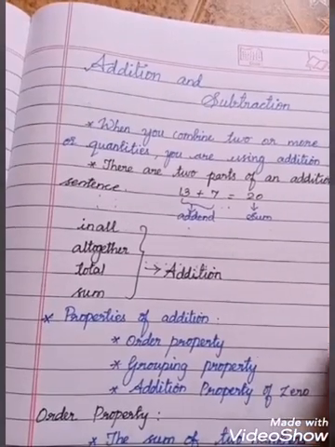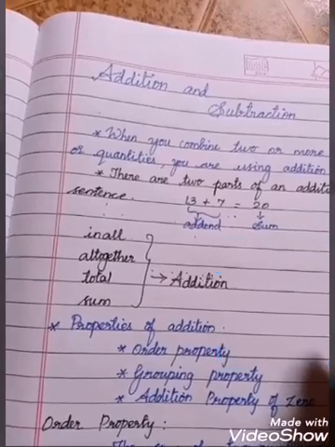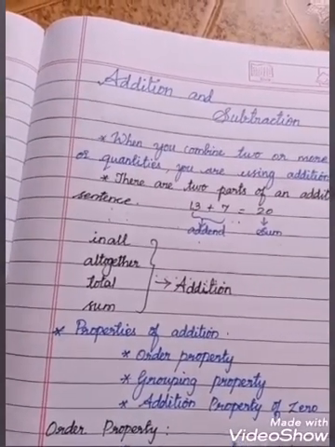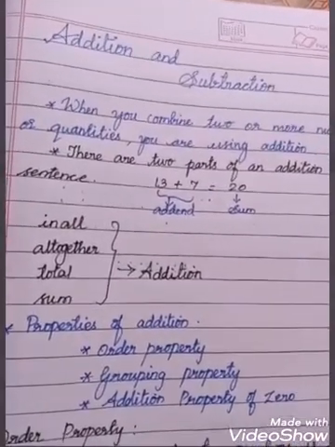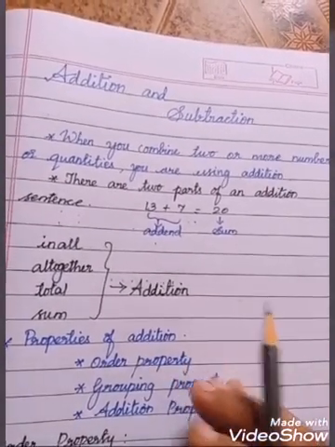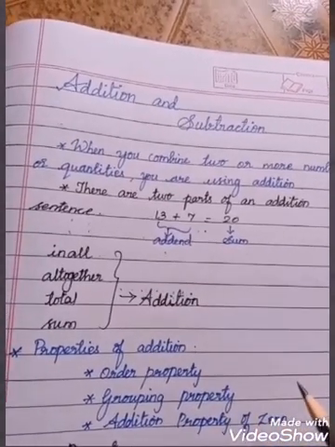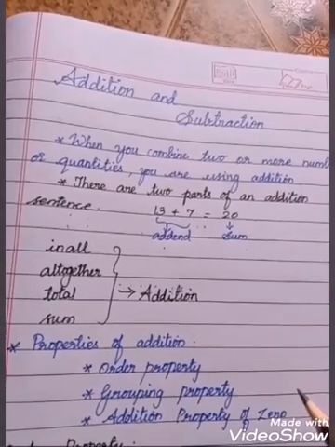Properties make it easier for us to solve a particular problem or question. We apply those properties in that particular problem, and it is easy to solve it. That's why we are using these properties.